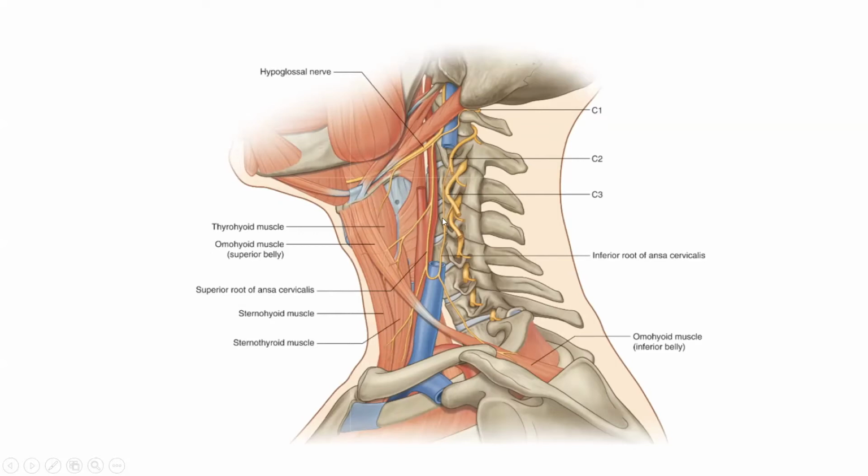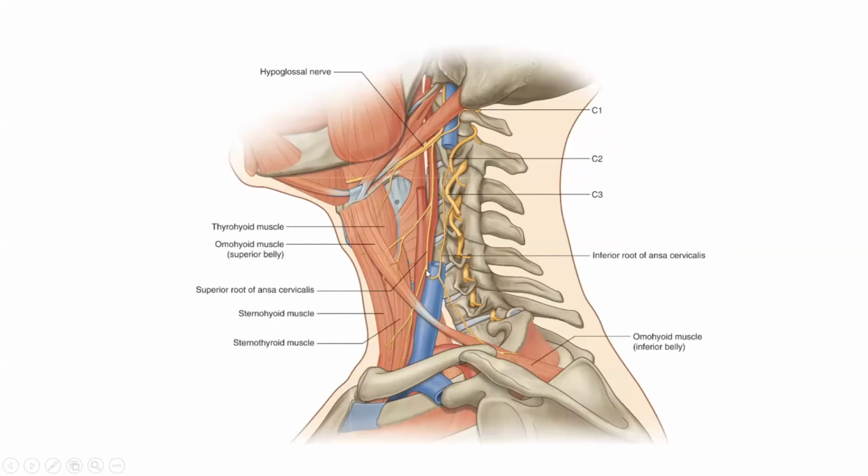And the inferior root of the deep ansa cervicalis is directly coming from the cervical plexus and carrying the fiber from C2 and C3, and these two roots, the superior and inferior roots, are joining together and they make a loop, which is called the deep ansa cervicalis.